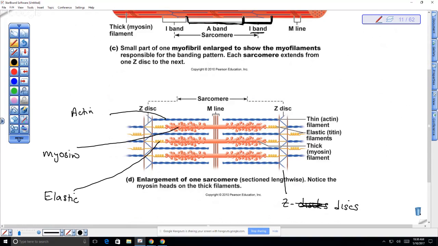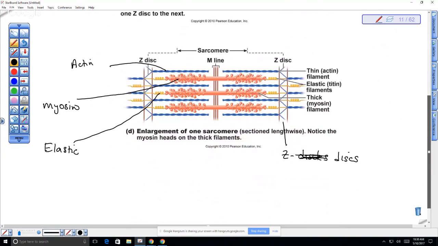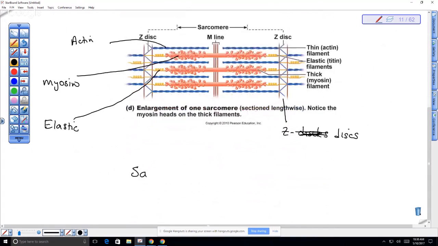Now, one unit from one Z disc to another is called a sarcomere. A sarcomere is in the myofibrils, and it's the arrangement of actin and myosin, from one Z disc to another.